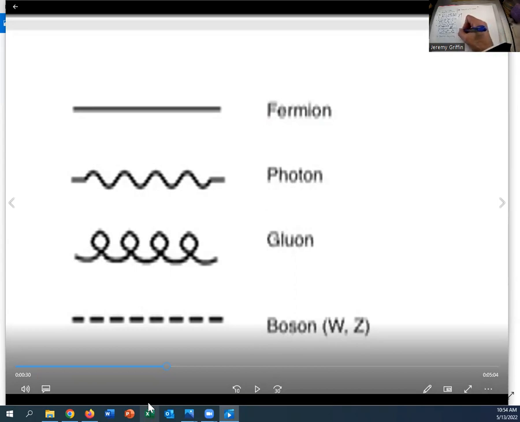That curly one is a gluon, which has to do with the strong nuclear force that holds all the protons and neutrons together in the nucleus. And a dashed line is some other form of boson. So there are your main symbols.